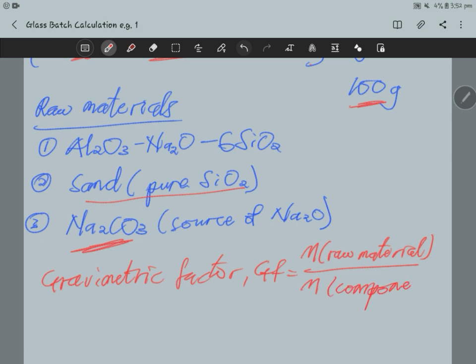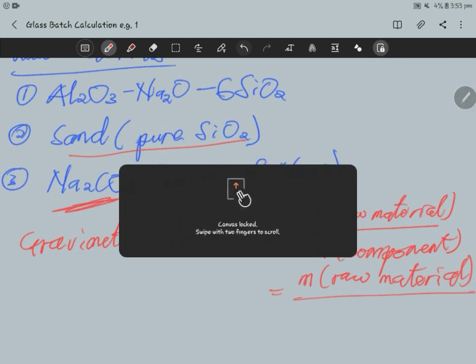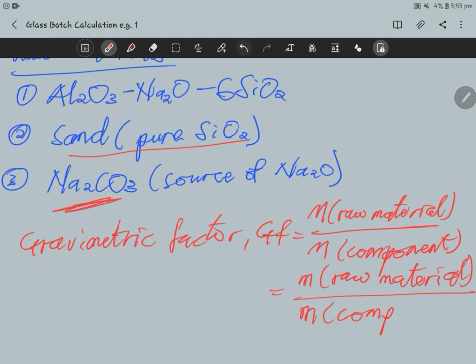There are two ways of writing it. It compares molecular mass with mass, right? So that's what it means, which is the same as the mass of the raw material over the mass of the component. So two equations are all represented by the GF, the gravimetric factor, right?